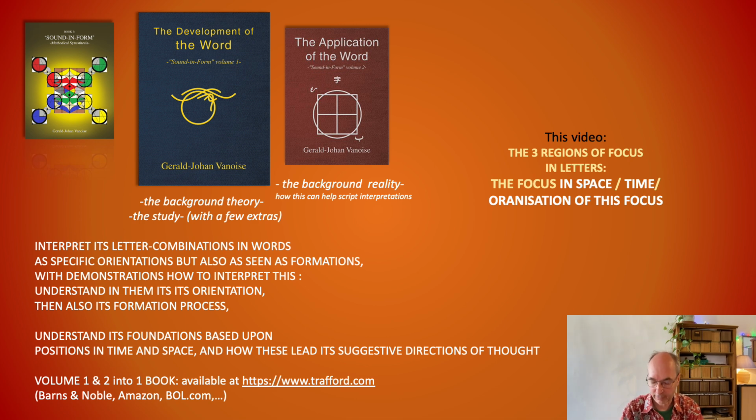And here I will have a full review once more of the theory that shows you how you can actually quite quickly understand where each of the letters in language refers to. It is a reference to a very specific placement in time and space, and the combinations of letters are variations of directions that guide you in which direction you have to think.